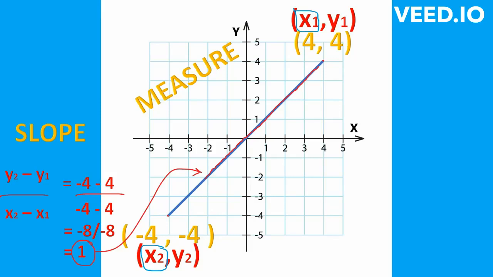There is 1 unit increase on the y-axis for every 1 unit increase on the x-axis. There is a 2 unit increase on the y side for every 2 unit increase on the x side.